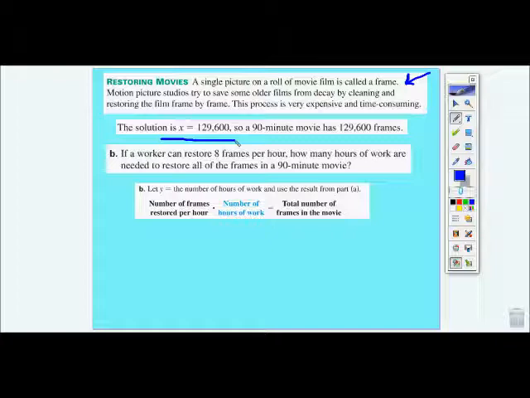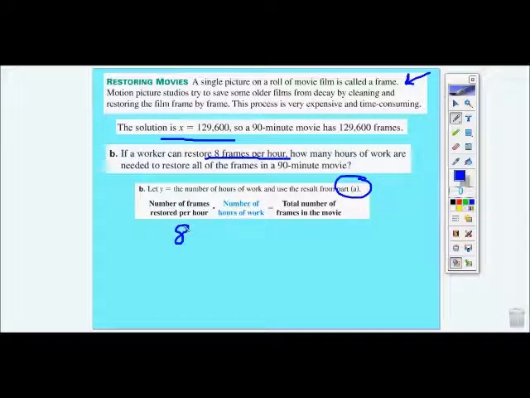So we're going to do Y this time, the number of hours of work, and we're going to use what we found out from part A. So the number of frames restored per hour is going to be 8 frames.